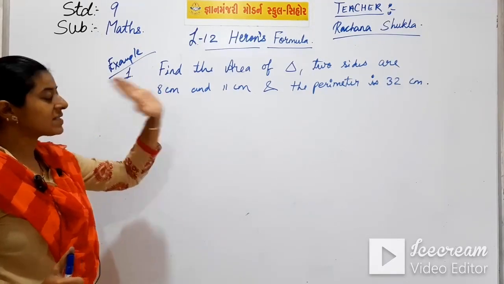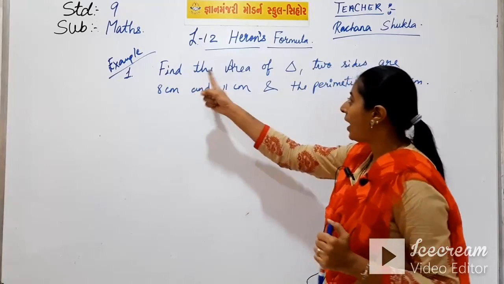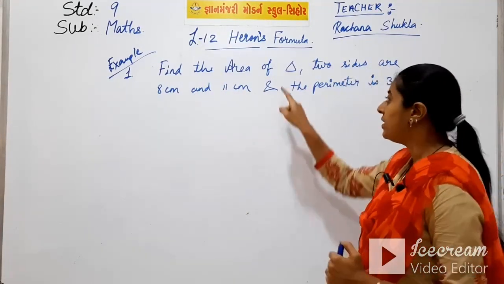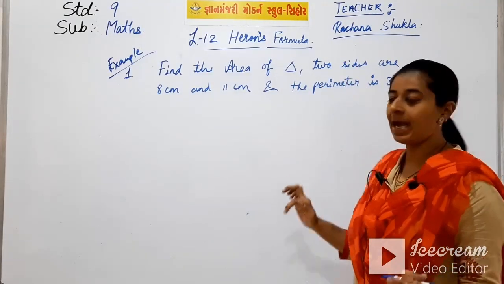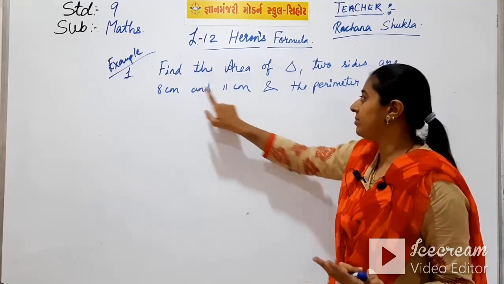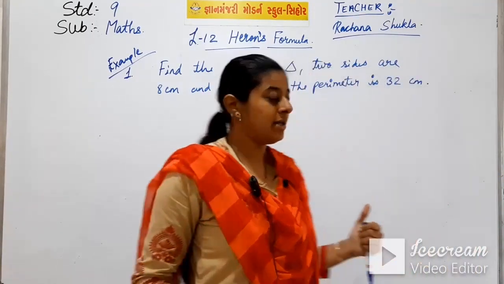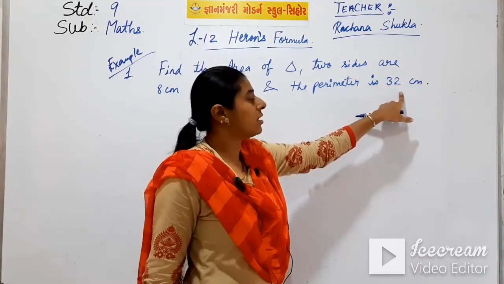So, first understand the question. The question goes on like, find the area of triangle. You have to find out the area of triangle, but only two sides are given, that is 8 centimeter and 11 centimeter. You did not get the third side, and instead of that you got the perimeter, that is 32.